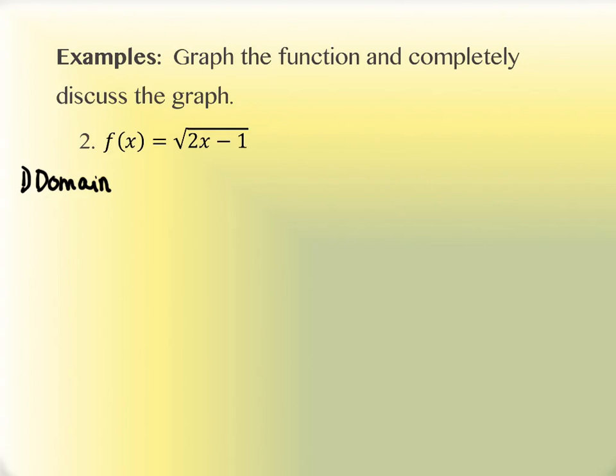The value under the radical. So whatever is under the radical, in this case, that's 2x minus 1, has to be greater than or equal to 0. So no negatives underneath the radical. For it to be not negative means it's positive or 0. Everybody good with that part?